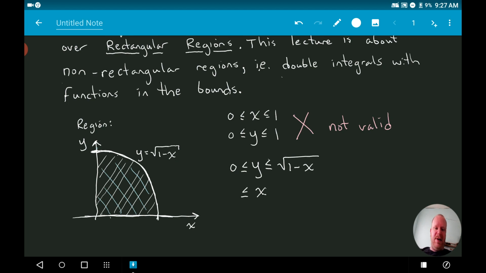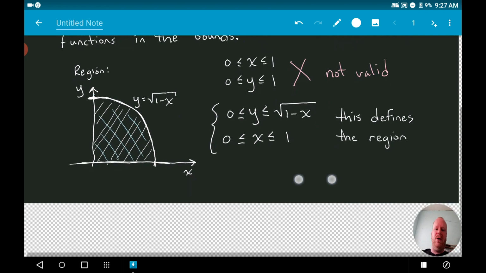And then we can say that x is in between 0 and 1, and this is going to define the region. So this is what we want to do. We don't want to define rectangles when we really want to talk about this region here.